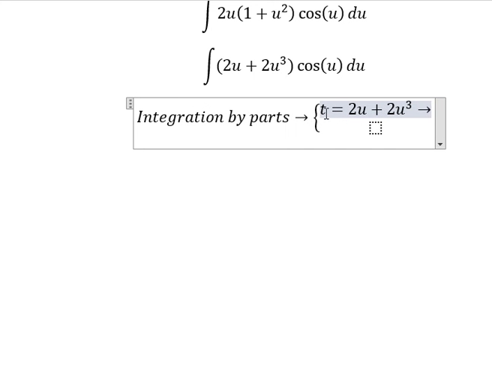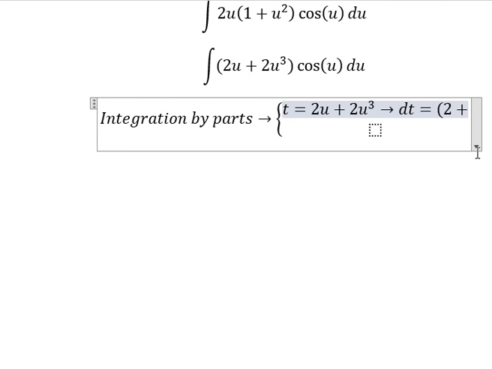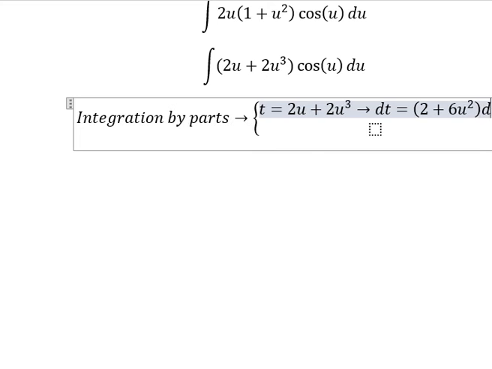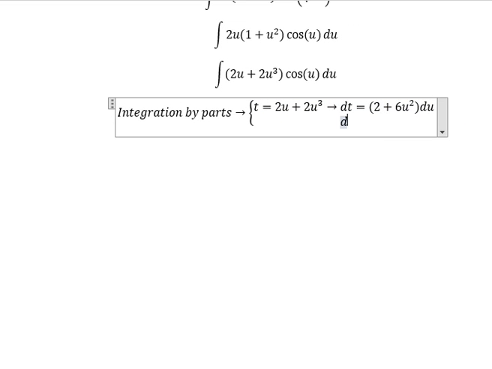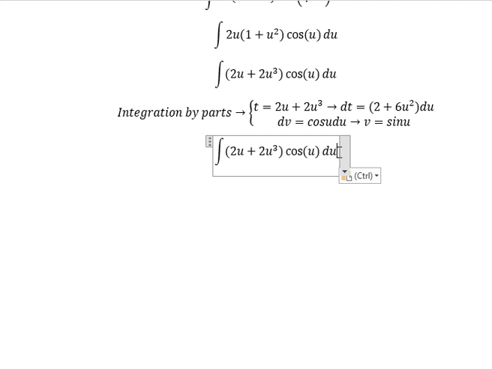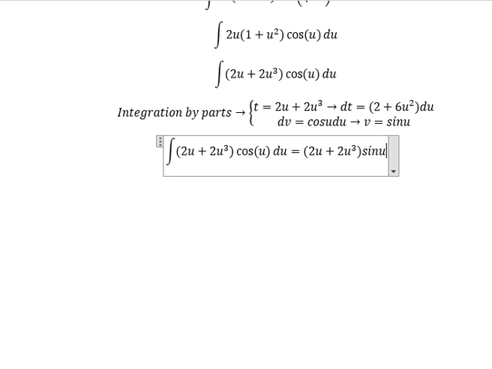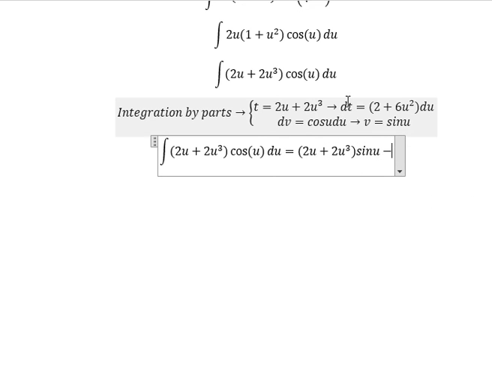So if we do first derivative for both sides, you got dt equal to 2 plus 6u square du. dv we got cosine u du. So if we do this integration, we got v equal to sine u. So we got t multiplied by v minus, we have the integration of v dt.